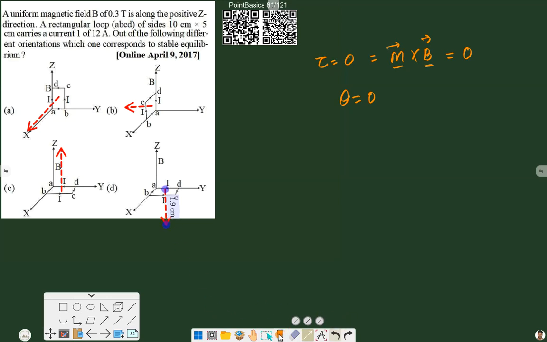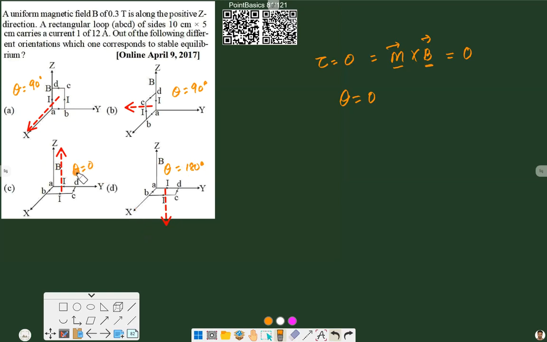So now looking at the angles, as the magnetic field is in the z direction, in this case theta is 90 degree. In this case again, magnetic field in z direction and magnetic dipole moment in negative y direction, theta is 90 degree. In this case theta is 0, as both are in the same direction, and in this case theta is 180 degree.